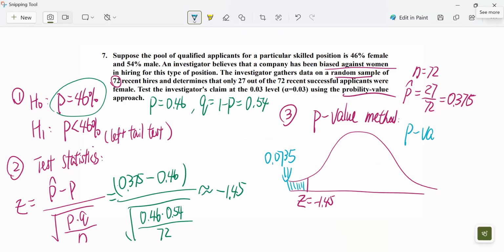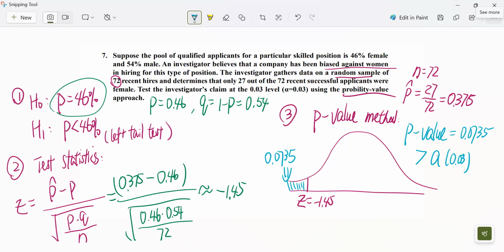So the p-value is equal to 0.0735, and this is bigger than alpha. Alpha in this case is 0.03, meaning this event is likely, right? It's happening with a 7.35% chance, which is much bigger compared to the benchmark of 3%.